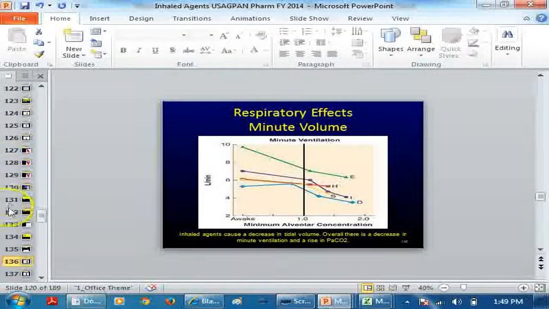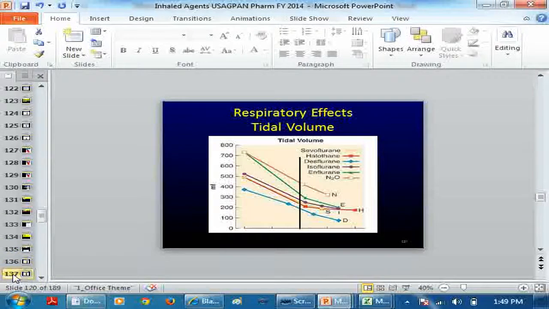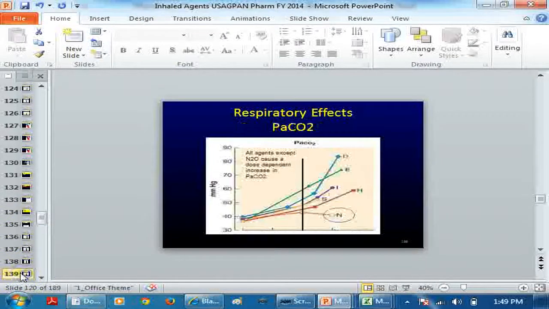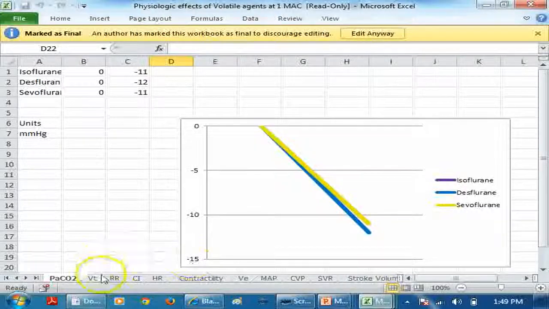One more above. We're getting there. Yeah, you're right. PaCO2 goes up. Did I mislabel that tab? That's what I'm wondering. I believe I just put negative where it should be positive.